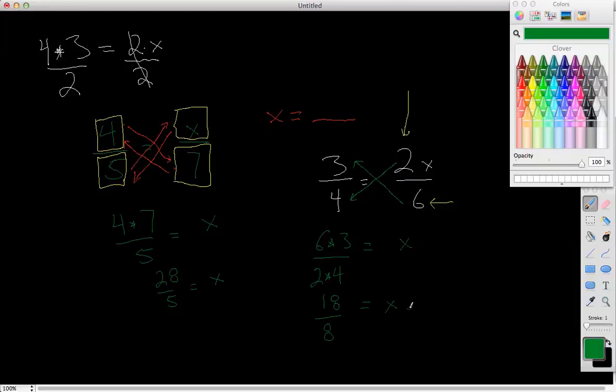And this can be reduced if we'd like to. A common factor between 8 and 18 is 2. So 18 becomes 9, and 8 becomes 4. And that's our solution, and how we can keep cross multiplication simple.